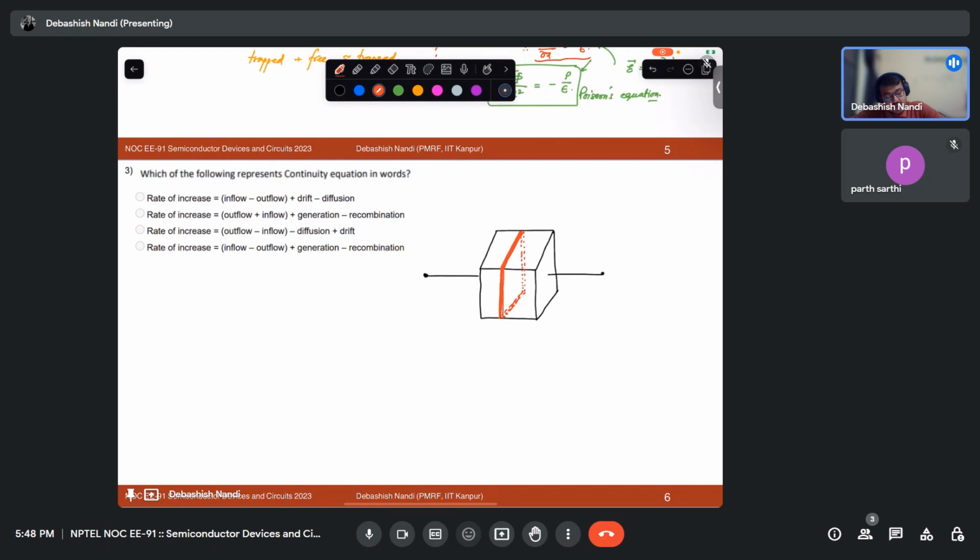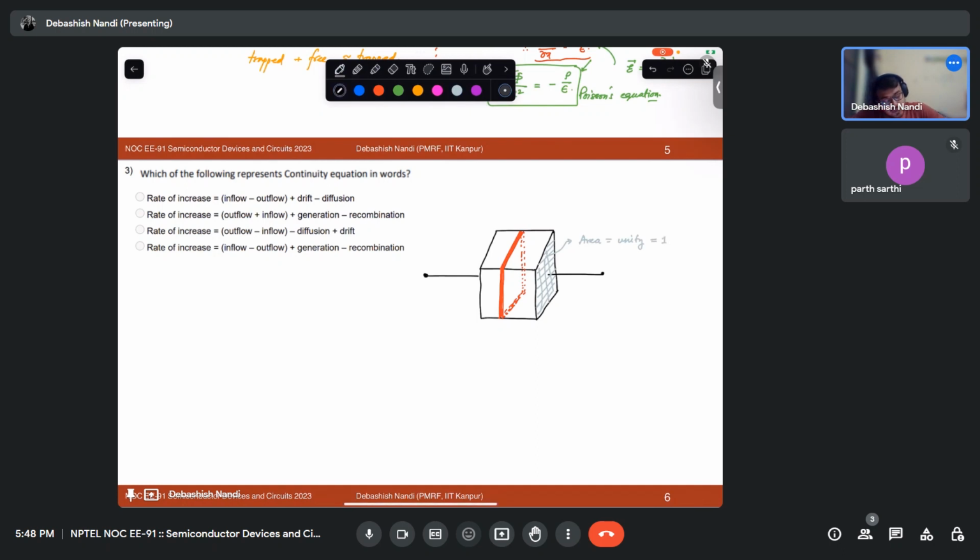For our convenience, let's take the cross-sectional area as unity, or 1.